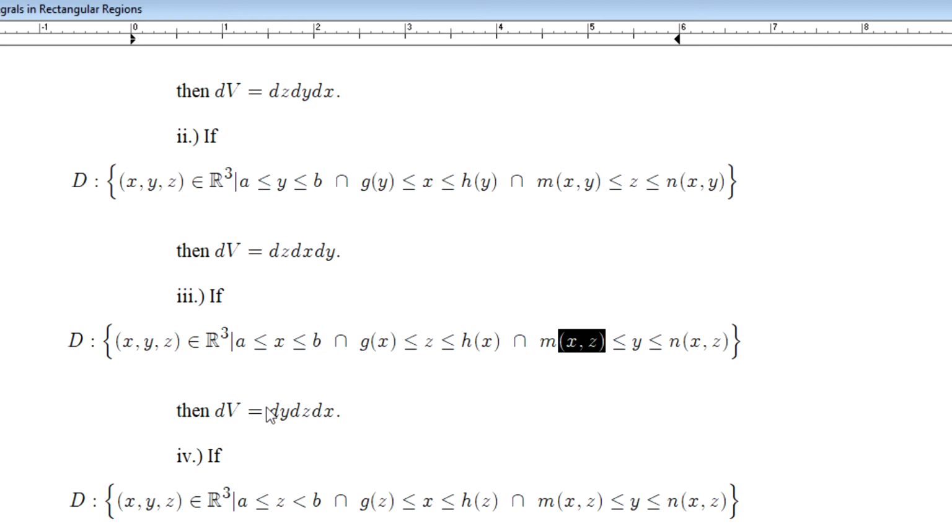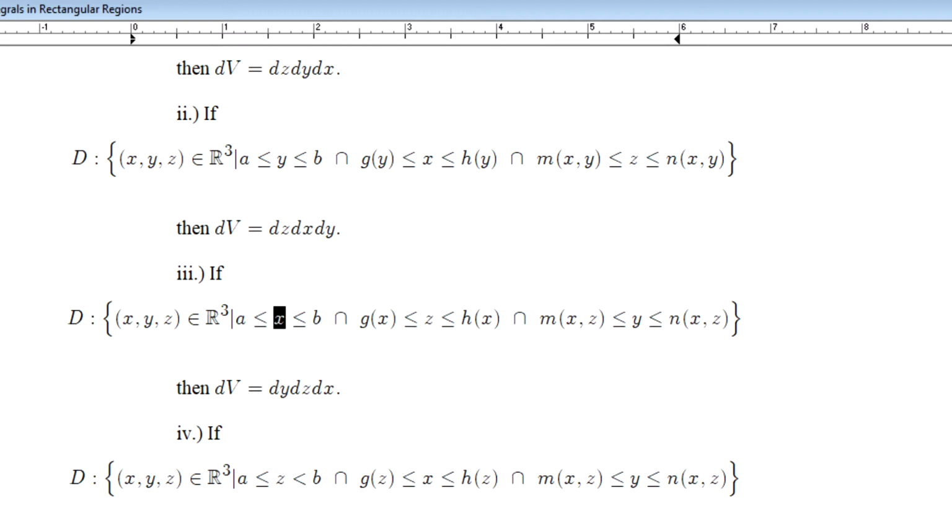And when that description of D evolves, we would say that our order of integration for dv would happen in the order dy, dz, dx. The innermost with respect to y, the middle in terms of z, and the outside in terms of x.